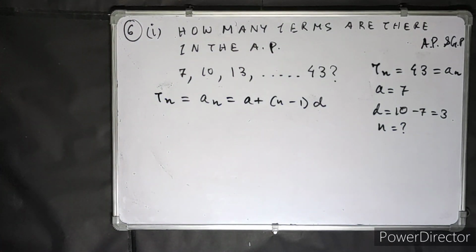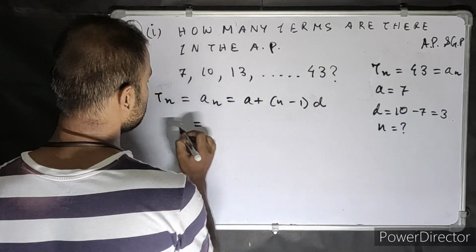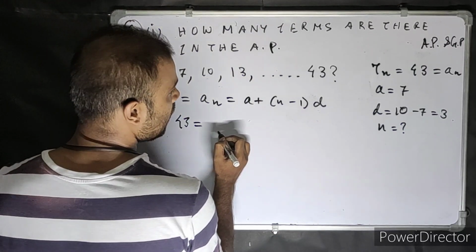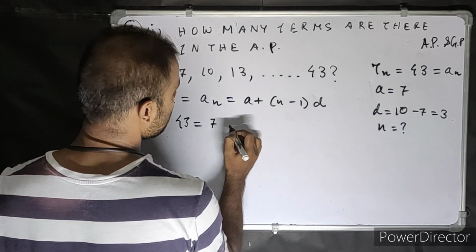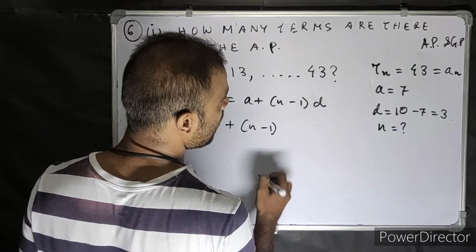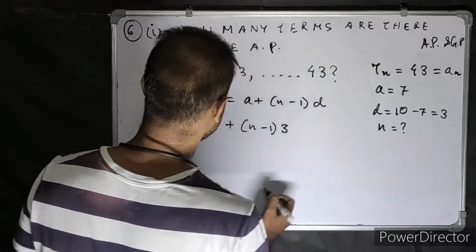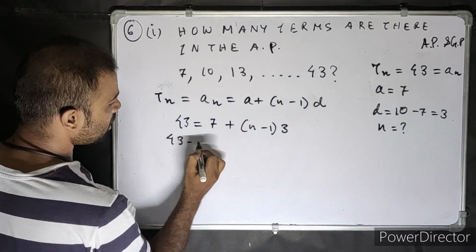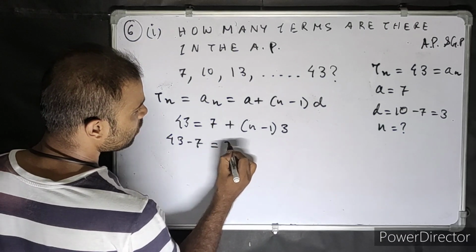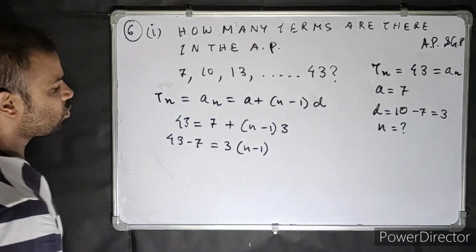Sums will go very fast now, as fast as possible. Tn is 43, A is 7 plus (n minus 1), D is 3. So 43 minus 7 is equal to 3(n minus 1).